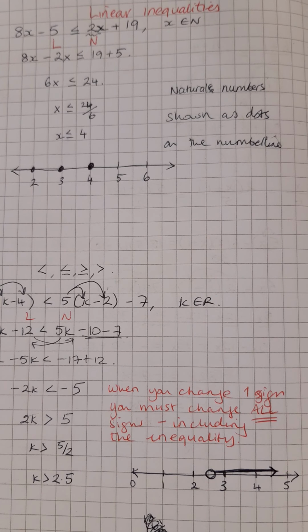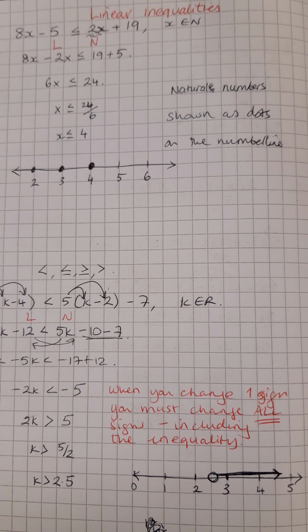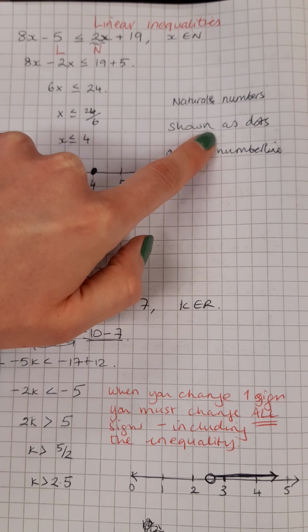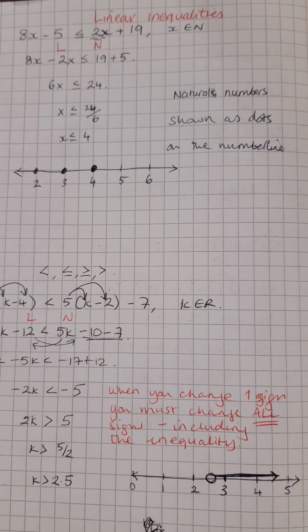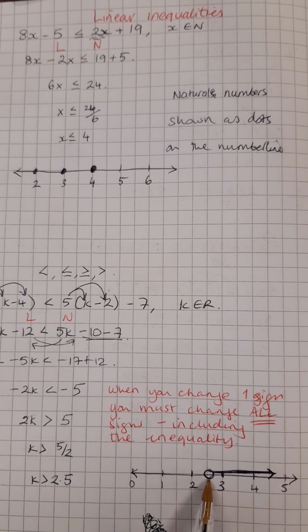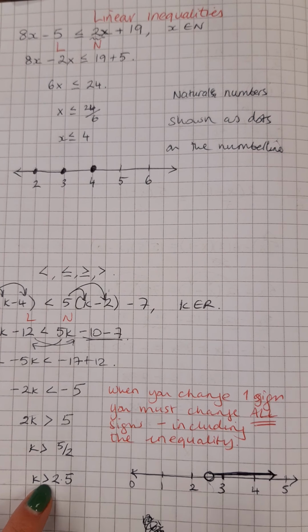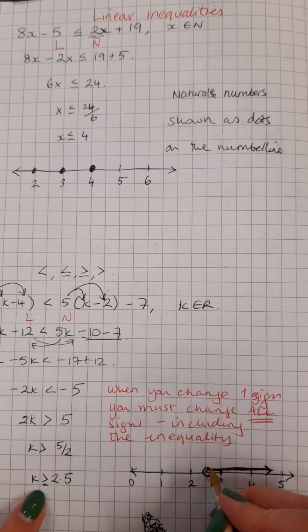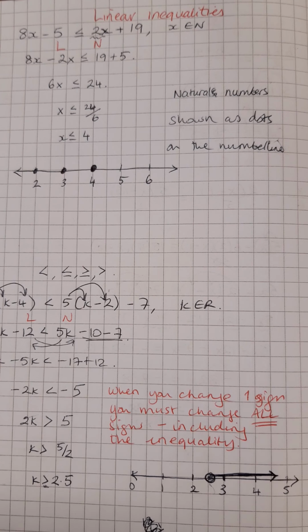So that is my number line complete for real numbers. As I was saying earlier, natural numbers are shown as dots, as are integers, the letter Z. Real numbers are shown with a thick line. It is an open dot if it doesn't have the equals to underneath the inequality. If it does have the line underneath, you would show it as a closed dot. So that's all the different things you could be asked on those.